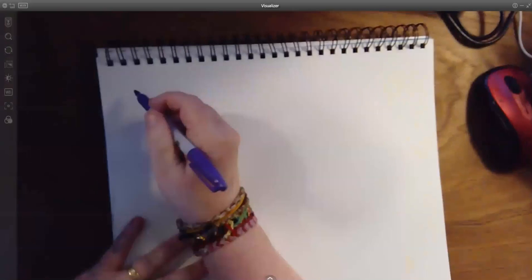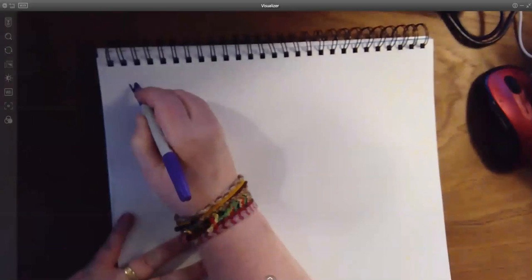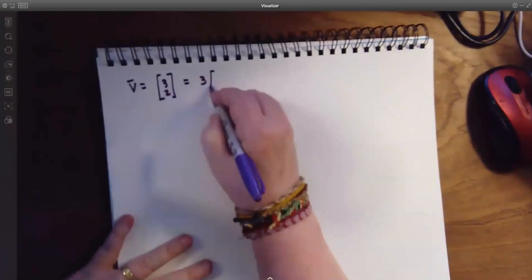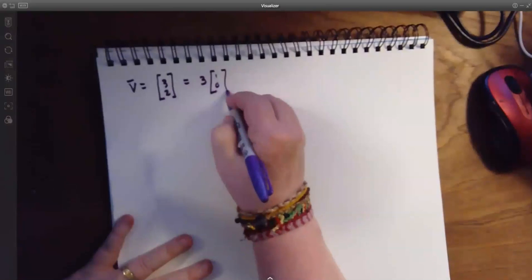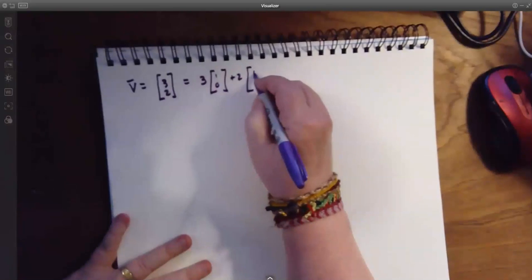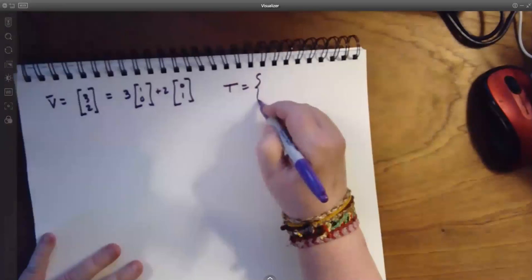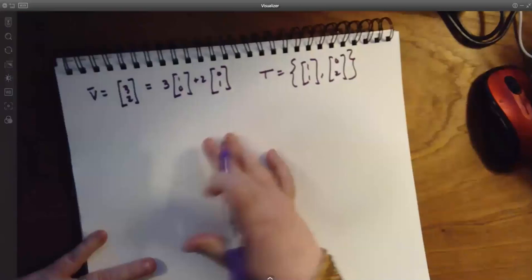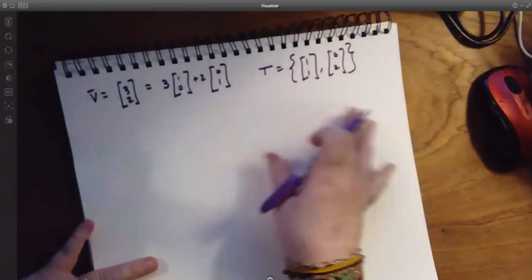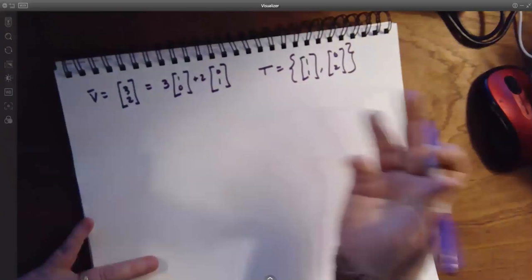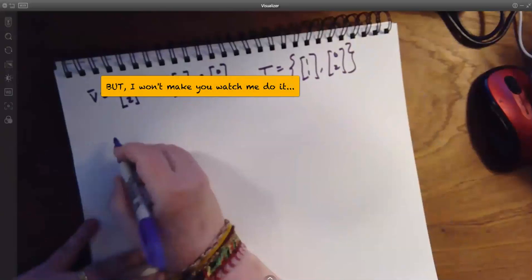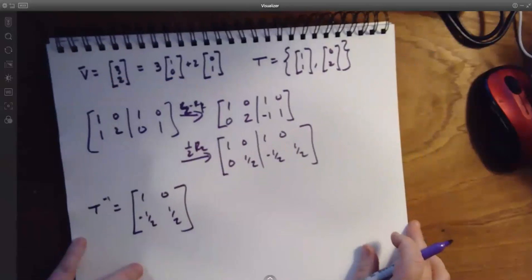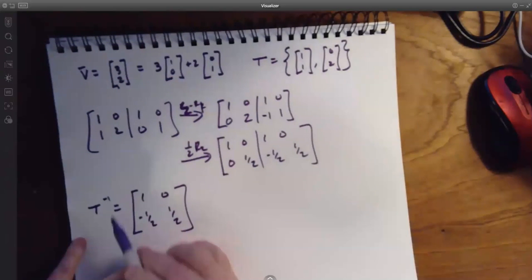Let me go back and do this example again. Let's say V is the vector (3, 2), which means it's 3 times (1, 0) plus 2 times (0, 1). The T basis is still (1, 1), (0, 2). I want to find T inverse so I can go the other direction. I can do this on Maple, but I want to find how I write this vector in terms of this basis.